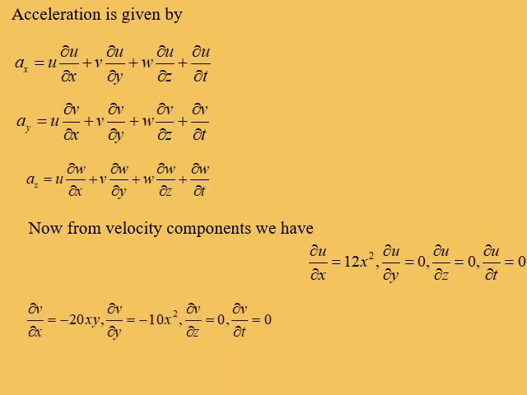In a similar manner, dou v by dou x is equal to minus 20xy, dou v by dou y is equal to minus 10x square, dou v by dou z is equal to 0, dou v by dou t is equal to 0. Dou w by dou x is equal to 0, dou w by dou y is equal to 0, dou w by dou z is equal to 0, dou w by dou t is equal to 0.